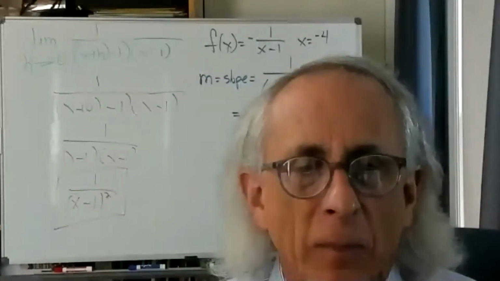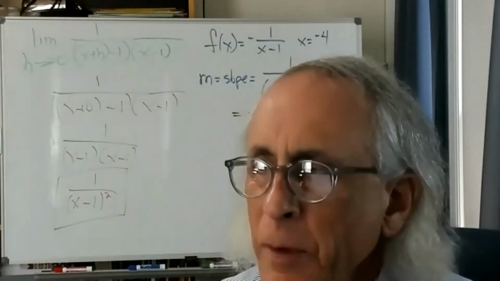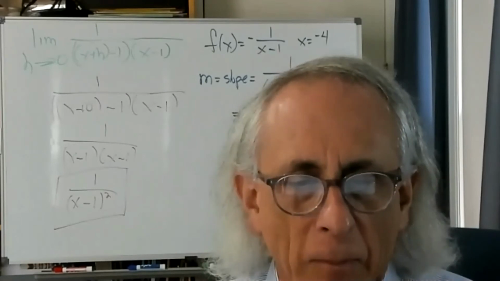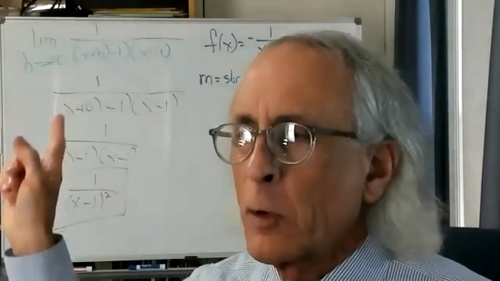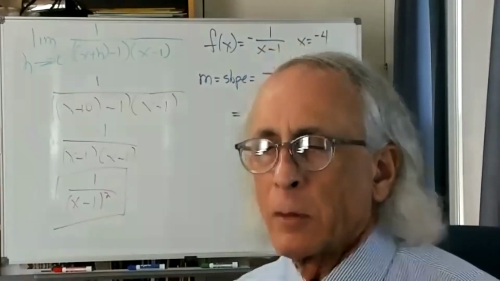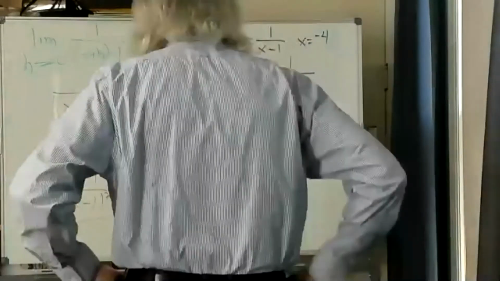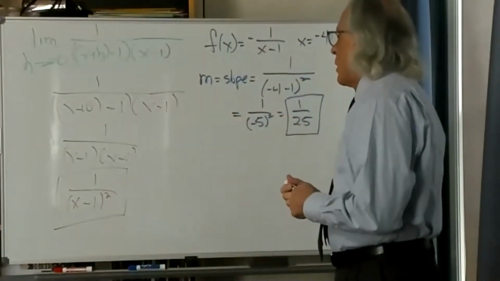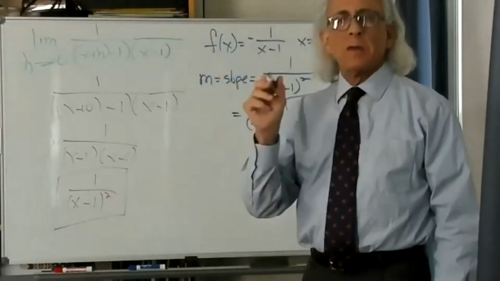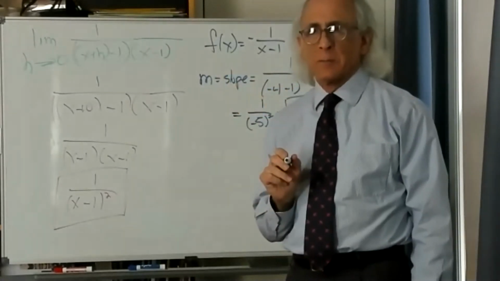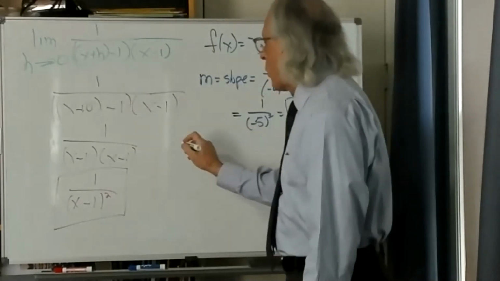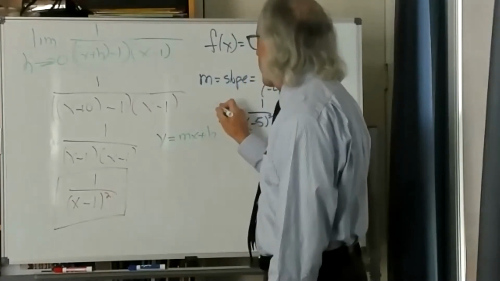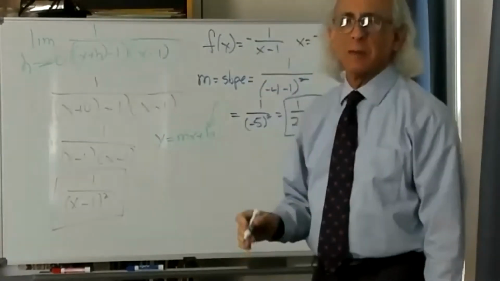Let's stop sharing. Okay, I want to go back to the board here. You're looking at the board, right? That's what you're seeing? Okay, good. All right. So I found my slope. Now I still need to find the equation of the tangent line. And I don't want to use y equals mx plus b, because then I have to calculate b, and I don't want to calculate b.